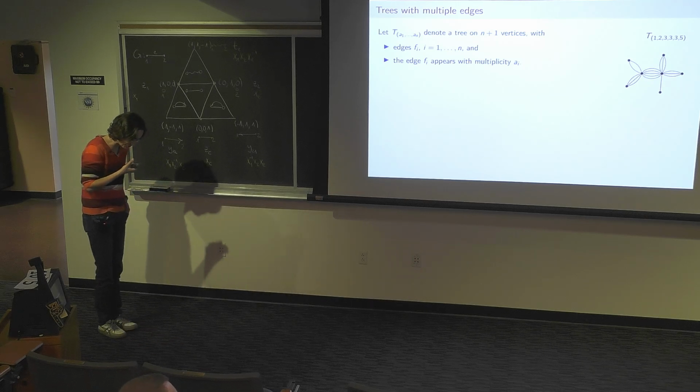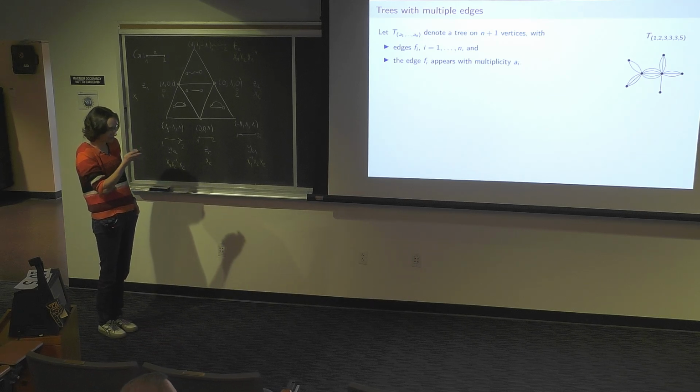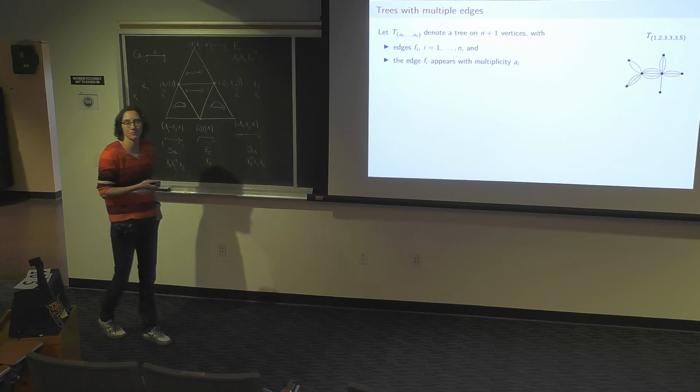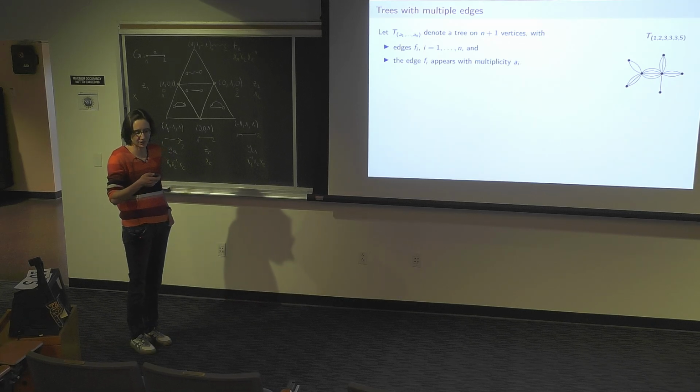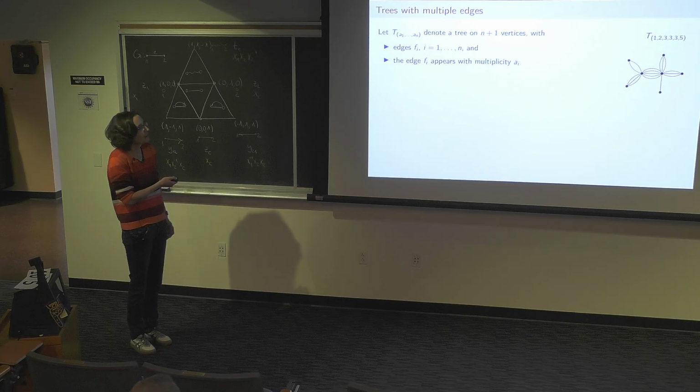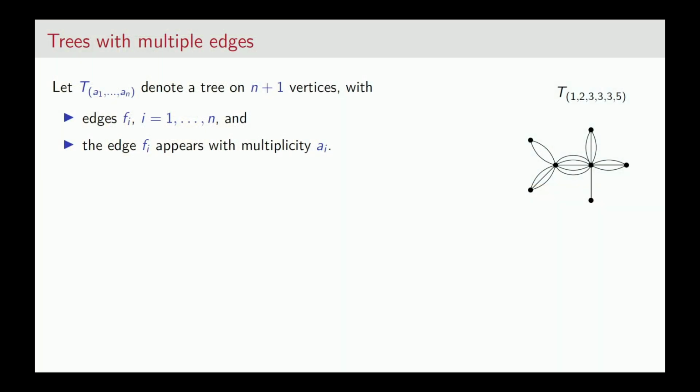Okay, so what else can you do with this result? As I said, you can also take graphs with multiple edges. So now let's say I take a tree with multiple edges. It's not really a tree, but I don't have a better name for it. What I mean is you take a tree and then you are allowed to have multiple edges between each pair of vertices.